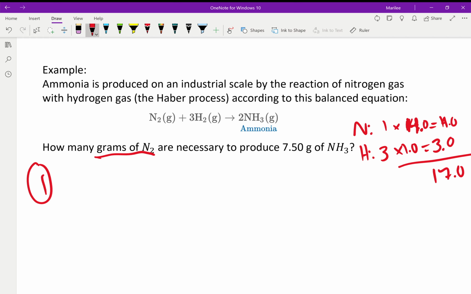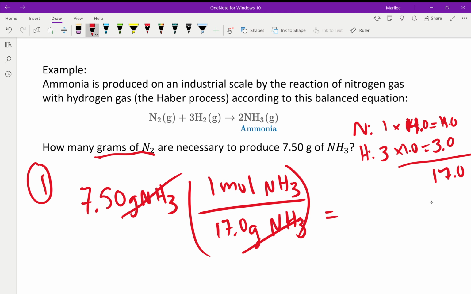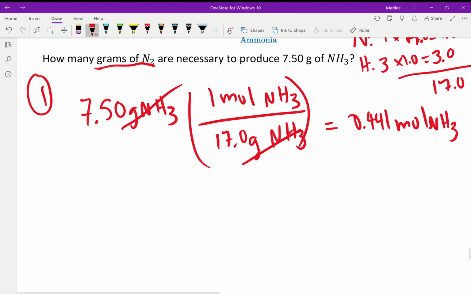So we have our 7.5 grams of NH3, we'll use our conversion factor. 1 mole of NH3 has 17.0 grams of NH3. That'll give us, the grams cancel out, now we have moles. That'll give us 0.441 moles of NH3.